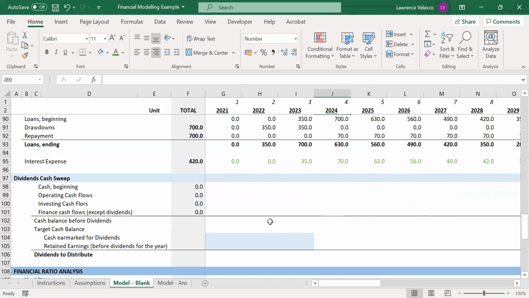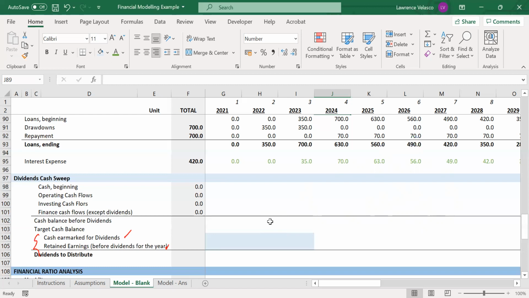Let's try to demonstrate how that dividend decision is being implemented. First, we need to determine two things. These two. We need to compare the cash that can be earmarked for dividends and the retained earnings balance before dividends for the year. We have to compare the two so that we know how much dividends we can distribute.